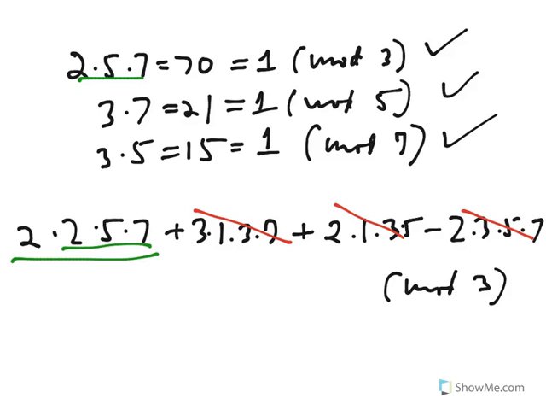But if you double it, you get 140, which is going to be remainder 2. If you take 10 divided by 3, you get remainder 1. But 20 divided by 3 gets remainder 2. So this 2 in the front means it's going to be remainder 2 when I divide by 3.